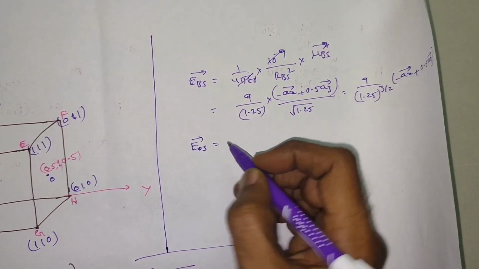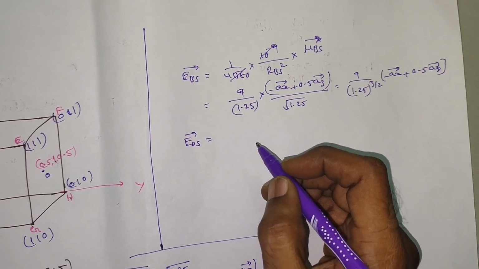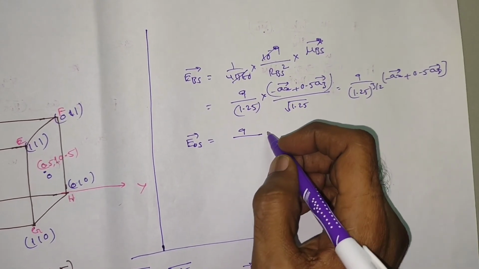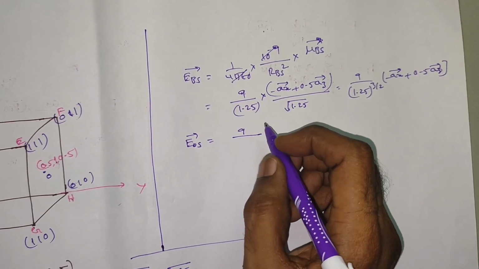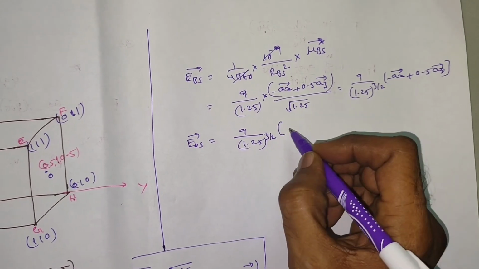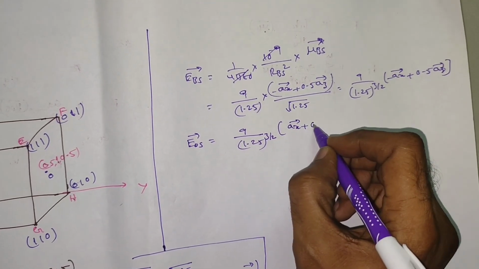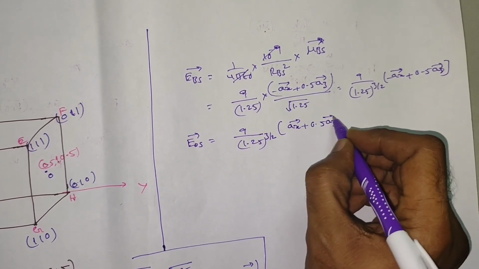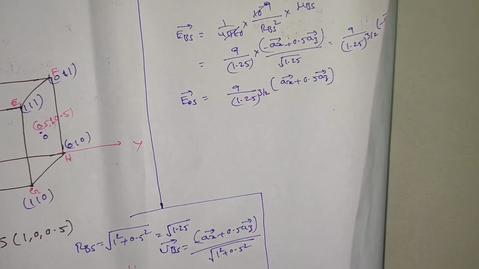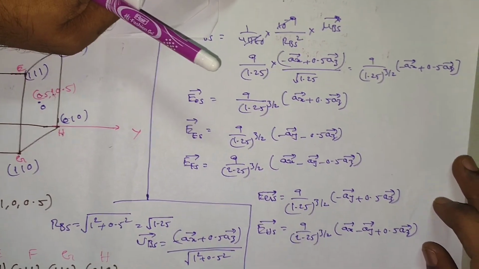If you find it in a similar way, we are going to have EDS as equal to 9 divided by 1.25 to the power of 3 by 2 multiplied by AX bar plus 0.5 into AZ bar. I am writing down the remaining in the same way.